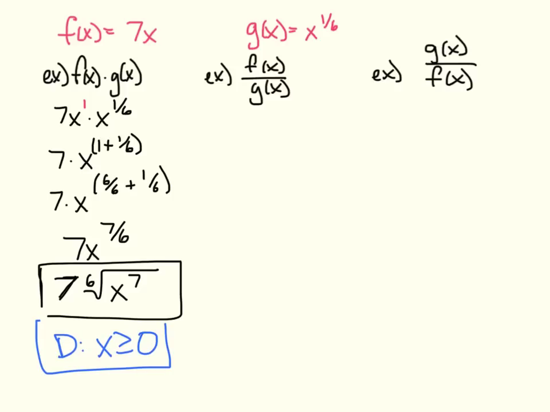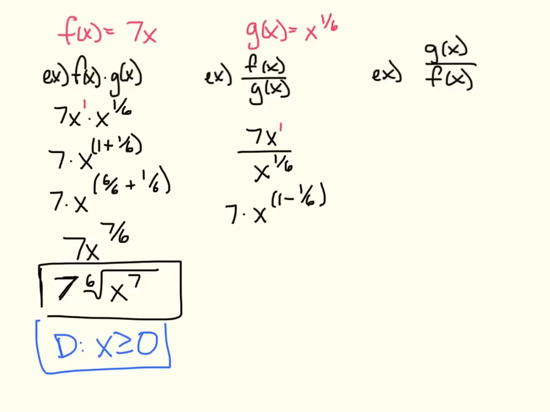So f of x over g of x, that would be 7x over x to the 1/6. So just like multiplying, these x's, they're the same base of x. This has an exponent of 1, so I can take my 7 times x to the first minus 1/6.